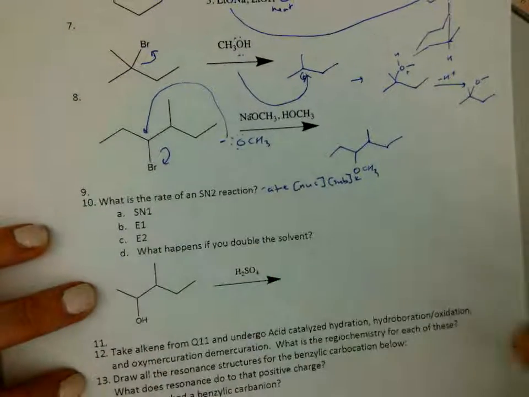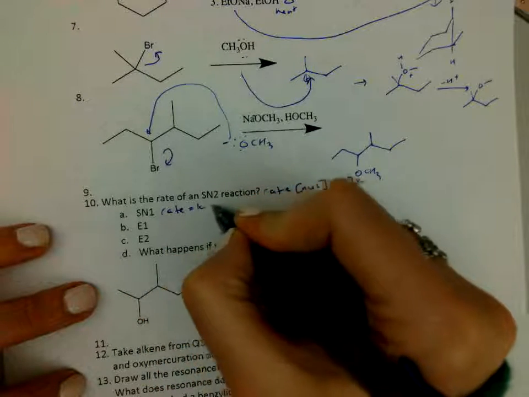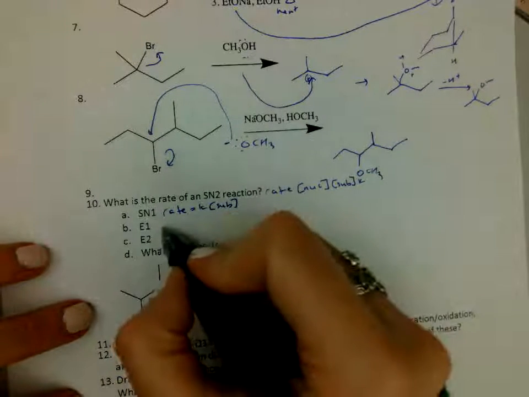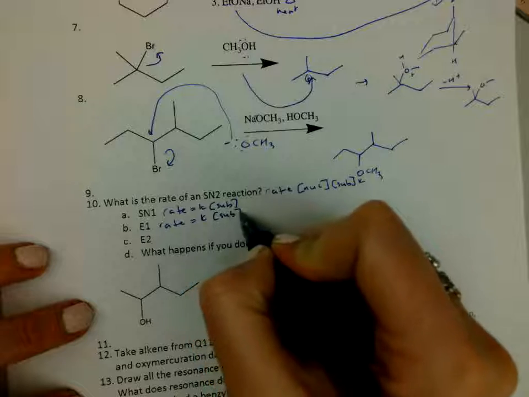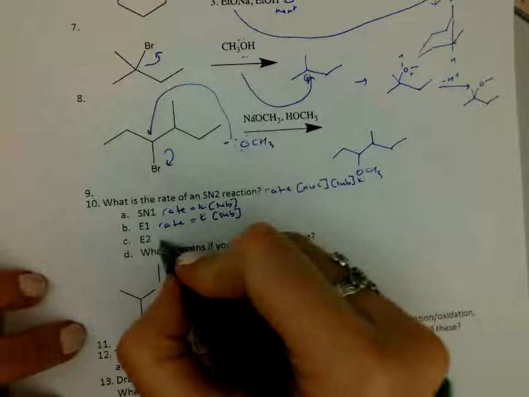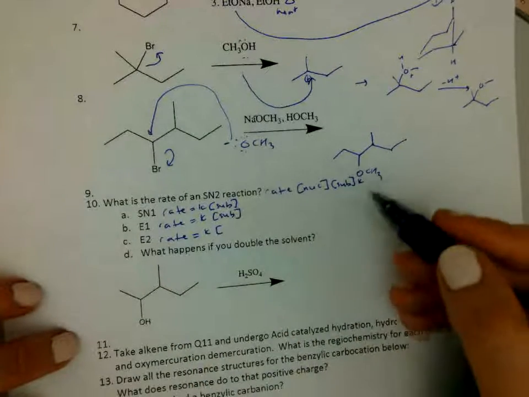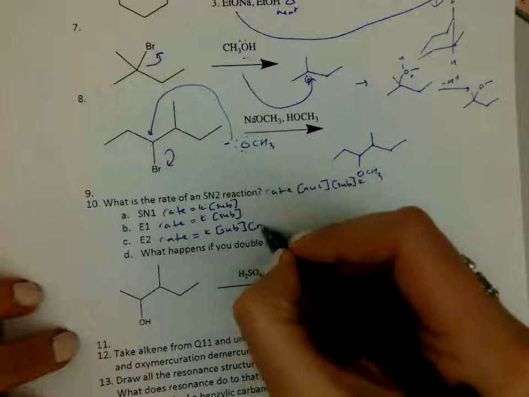Whereas in SN1, the first step is the leaving group leaves, so the rate is only dependent on the substrate where the leaving group is. Same thing with E1, the leaving group leaves first, so the rate is only dependent on the substrate. And then for E2, it's the same thing as SN2, where the nucleophile attacks at the same time the leaving group leaves, so the substrate and the nucleophile are both involved.